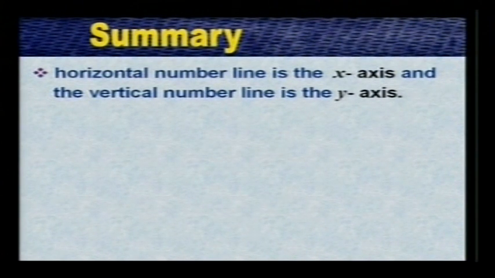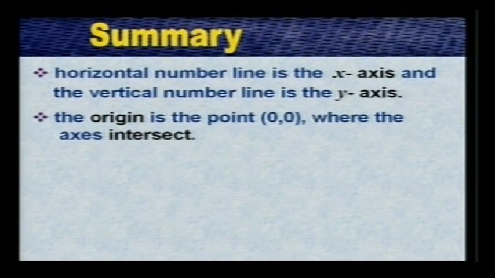Now, students, let us look at our summary for this lesson. Students, can you read the summary? Point number 1. Read after me. The next point, okay, the origin point is where the axes intersect, where the y-axis and the x-axis intersect.